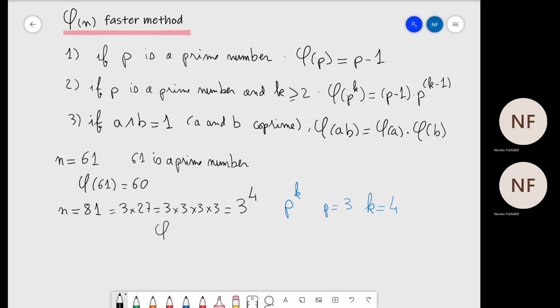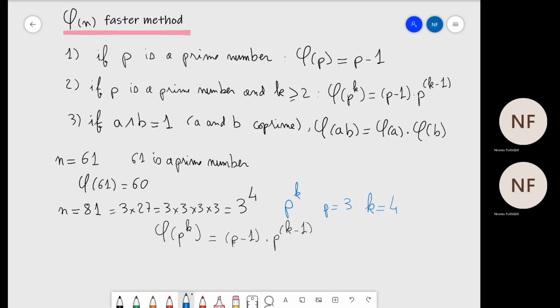So I will write it here once again. Phi of p to the power of k, where p is a prime number, is equal to p minus 1 times p to the power of k minus 1.